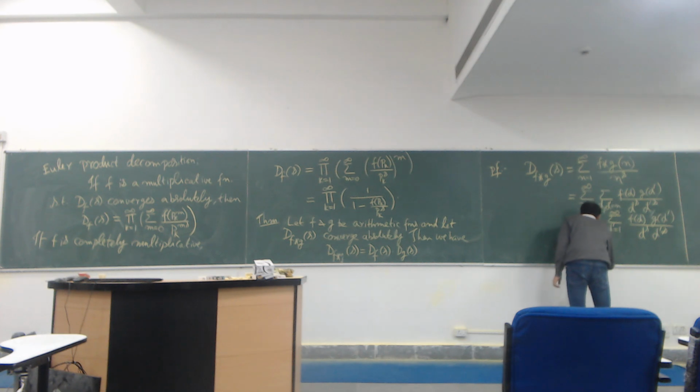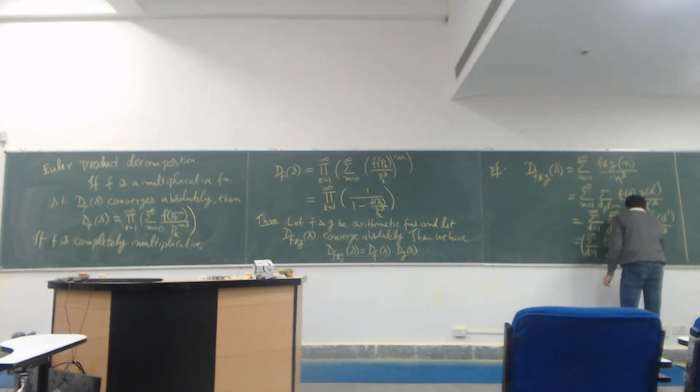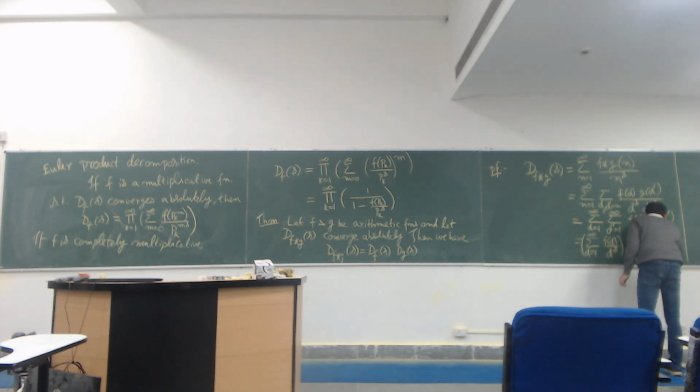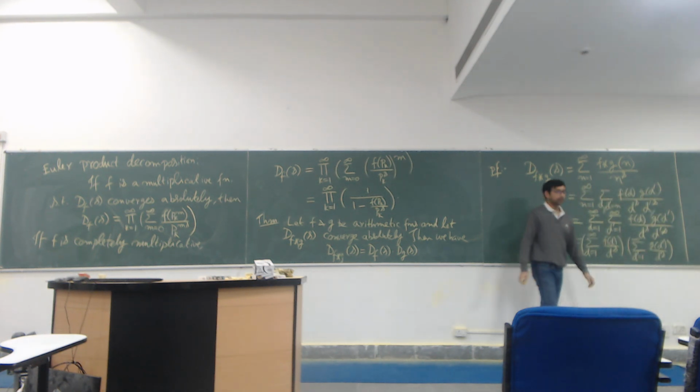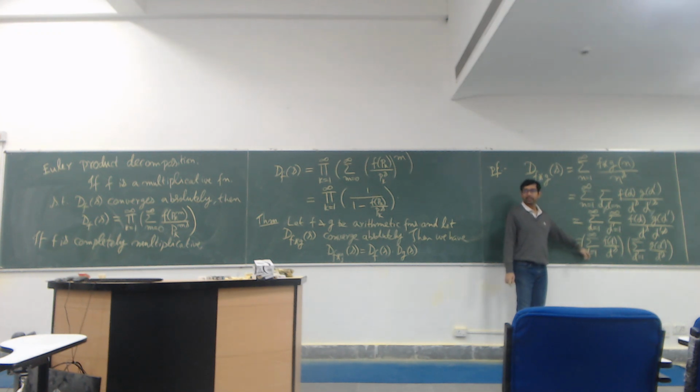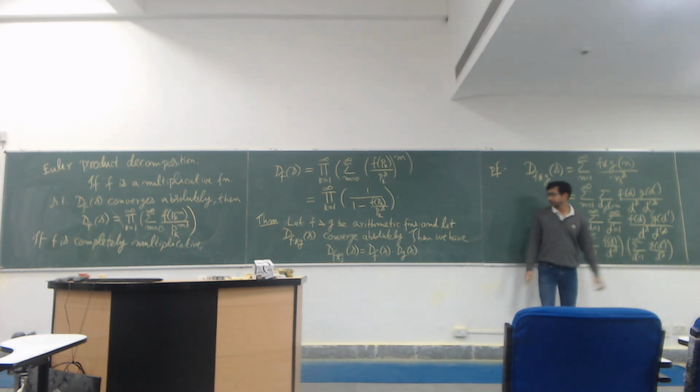So you have the sum over d running from 1 to infinity of f(d) by d power s, times the summation d prime running from 1 to infinity of g(d prime) by d prime power s. So here you have D_f(s) and here you have D_g(s).